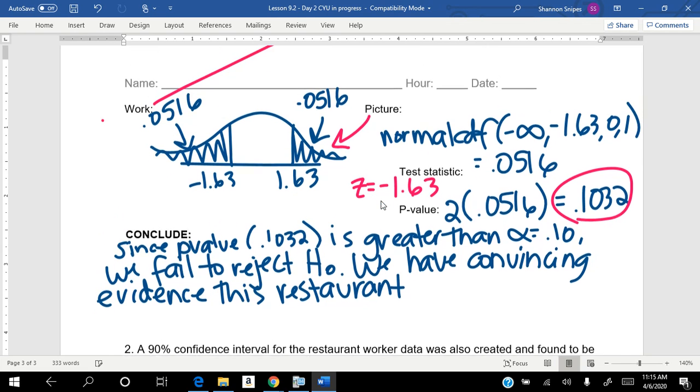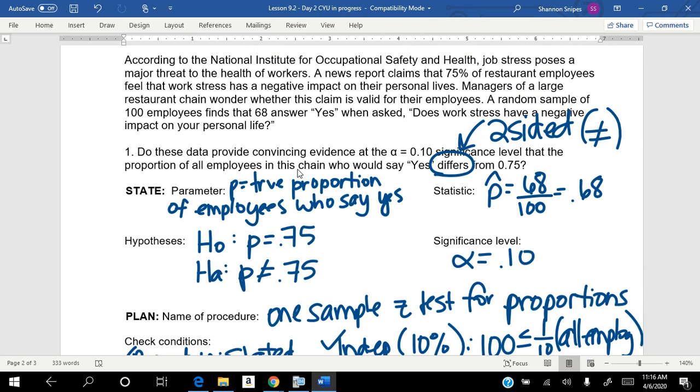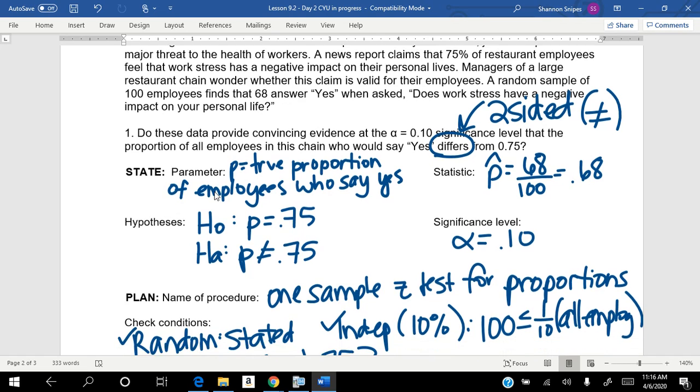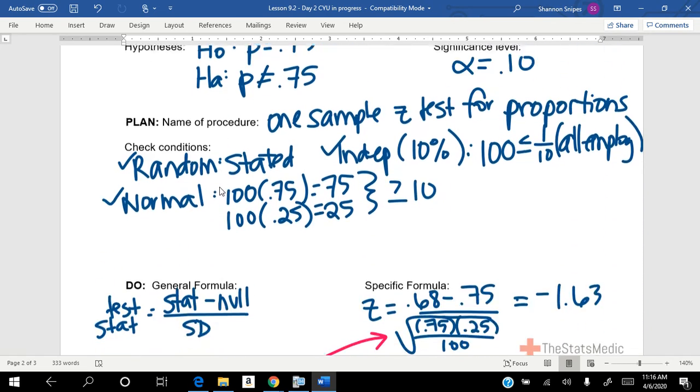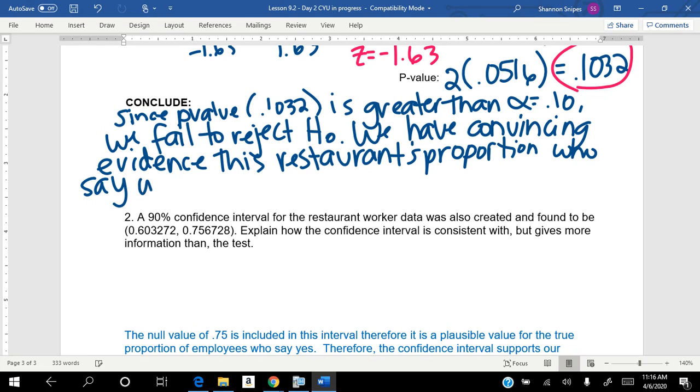And if you always get kind of messed up with your structure of your sentences, you can go right here. Do these data provide convincing evidence, blah, blah, blah, that the proportion of all employees in this chain who would say yes? All right, so we have convincing evidence that this restaurant's proportion who say yes is different from 0.75.